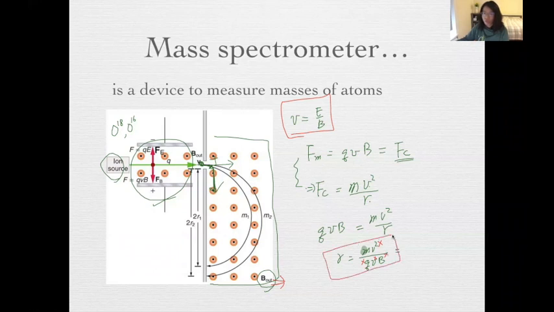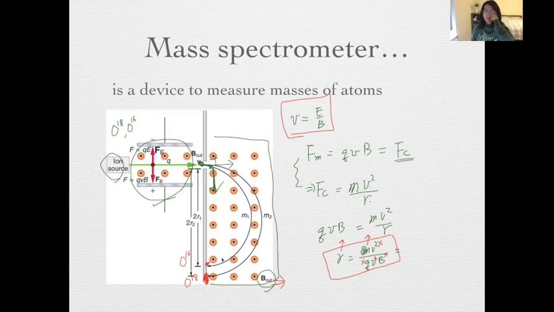Therefore, you can imagine this oxygen 18, because it has a greater mass, its radius will be greater. So if you see a lot of ions here and only a little bit of ions here, that means you have more oxygen 18 than oxygen 16 in your ion source.